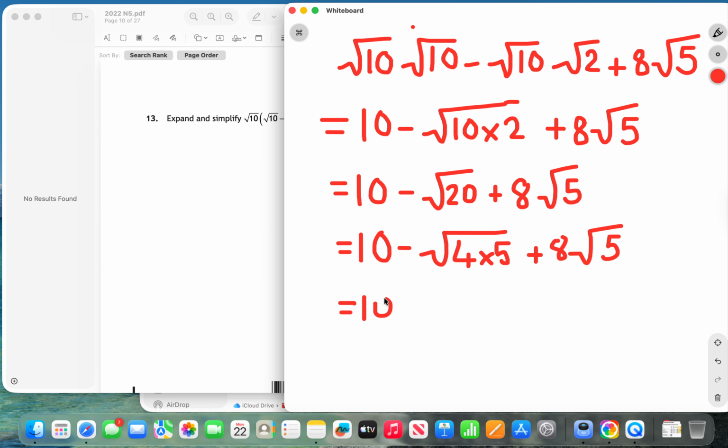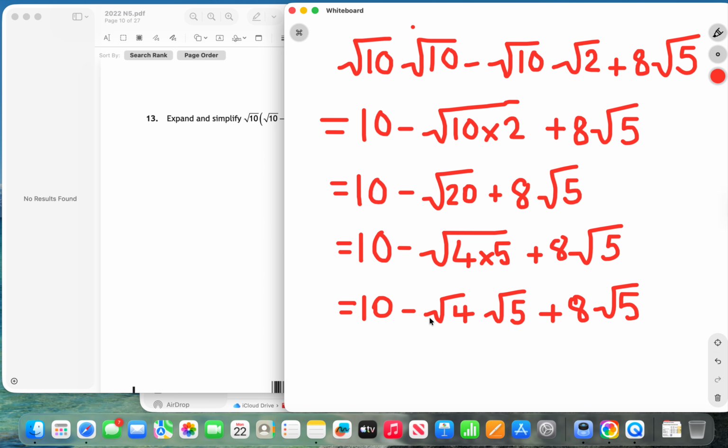Continuing this logic again, we know that root AB equals root A times root B, so we can say root 4 times root 5, plus 8 root 5. And you now notice that there's two terms in terms of root 5.